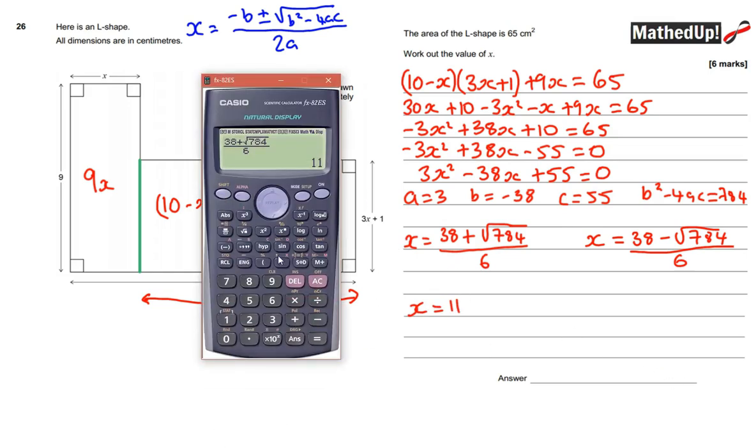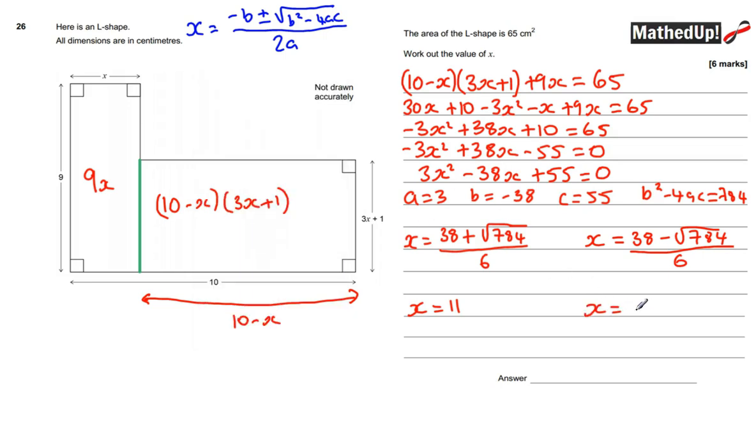And then I can do the same thing again, but with a subtract. And that gives me x is equal to 5/3, and I'm going to write that to decimal. So 1.67. We've got x is equal to 1.67.